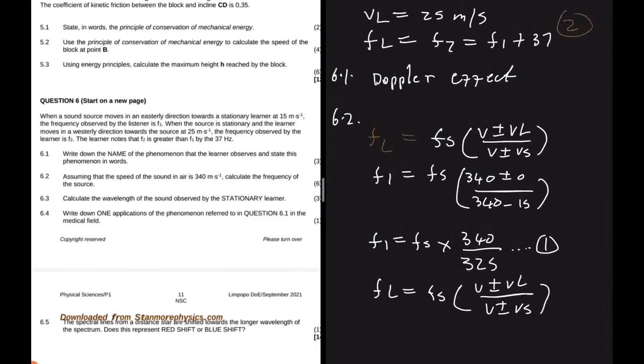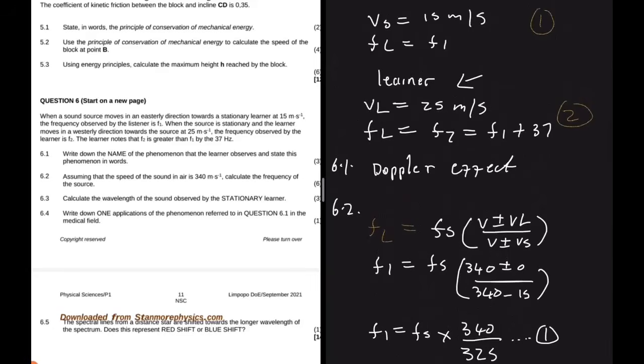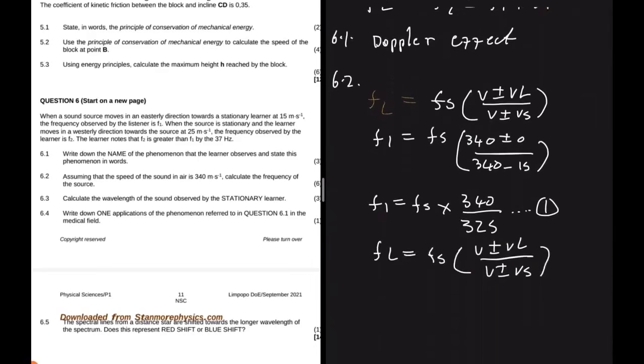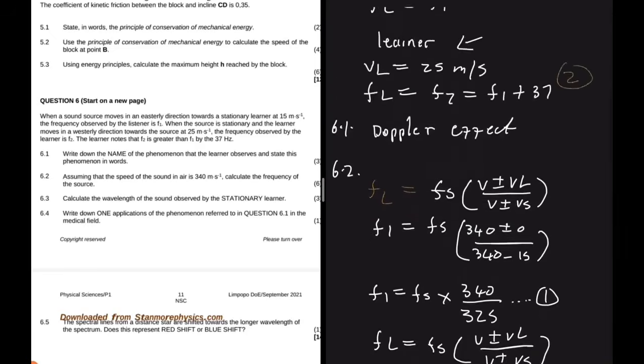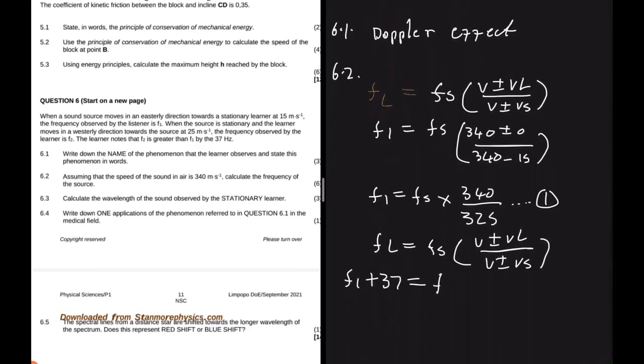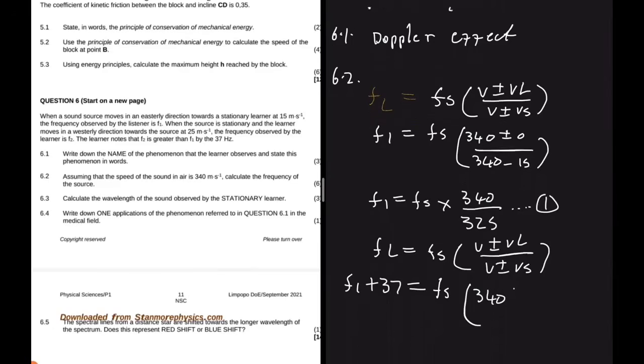We are told that when the learner is moving towards the sound source, FL equals F2, right? And then F2 is F1 plus 37. So we're going to have F1 plus 37 equals Fs, which is unknown, right? And then we know fully well that our V is 340 plus or minus the velocity of the listener.